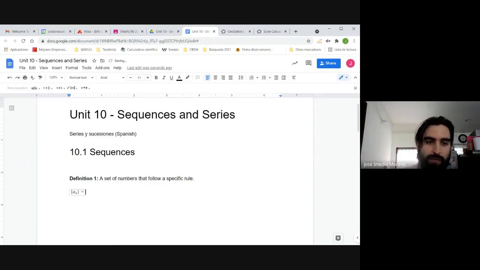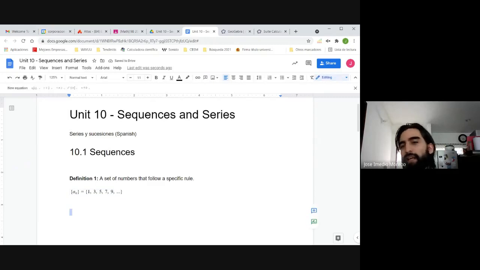So this is something like 1, 3, 5, 7, 9, and so on. What's the rule? That's a typical exercise you've done in previous years. I have this sequence of numbers and I need to find the next term, or I need to find the rule. That's a sequence, a set of numbers that follow a specific rule.